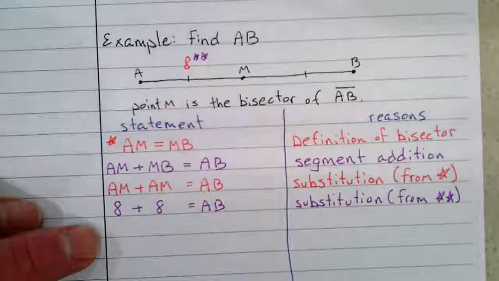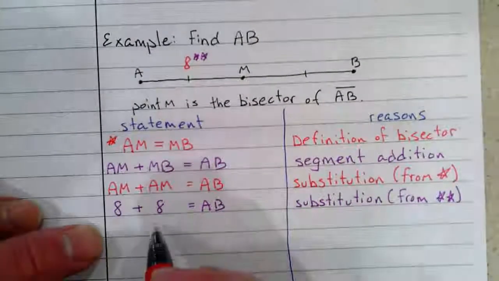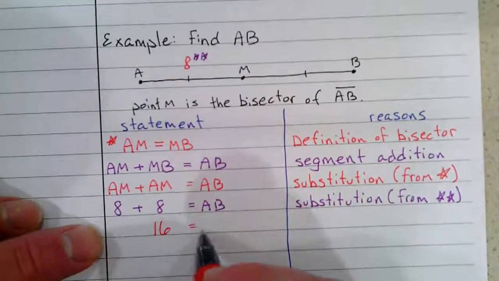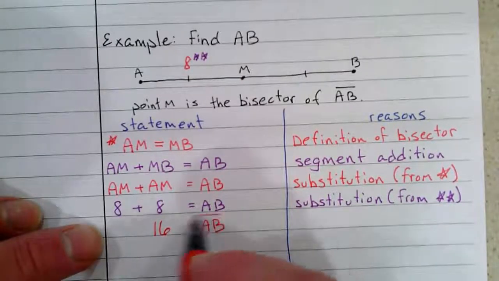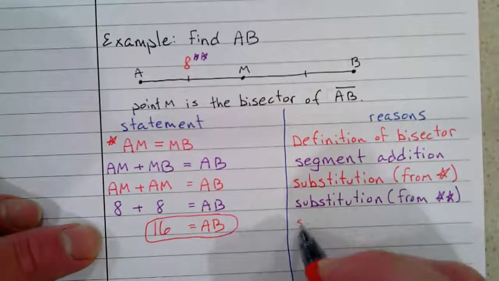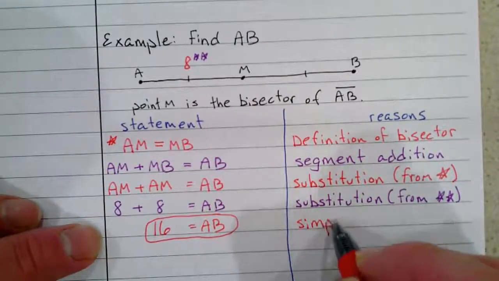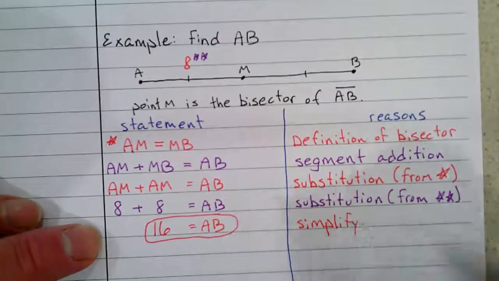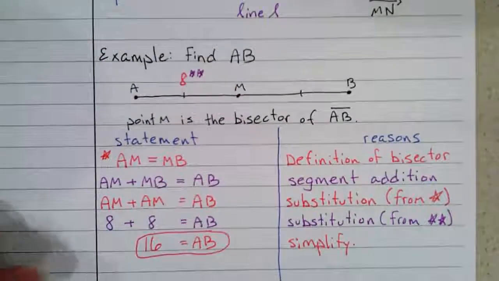And then finally, 16 equals AB, and that's just simplified.